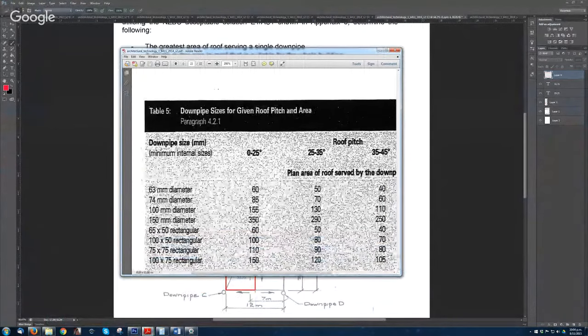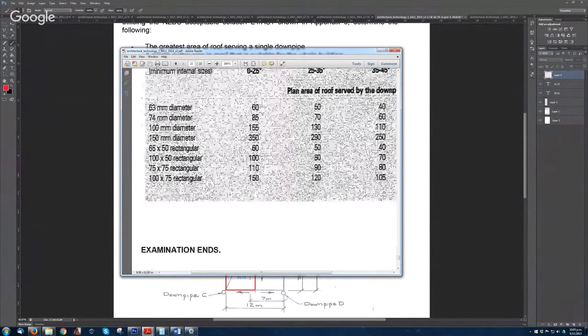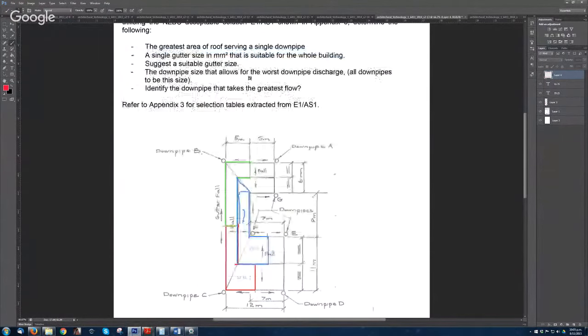We got a roof of 27 degrees, so it's going to be here, and we need 59, so 50 too small, 70 it's good, so you go down on the left, 74 millimeter diameter for your downpipes. Yep, so that's 74.